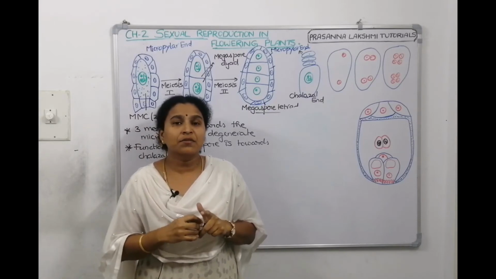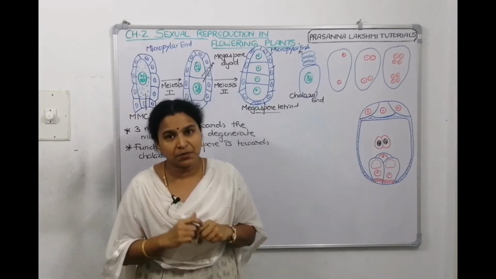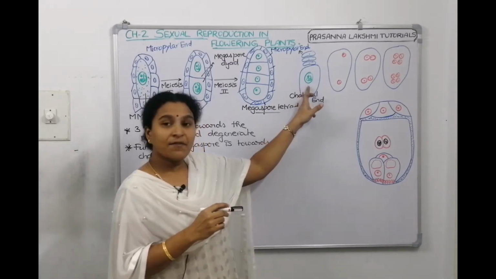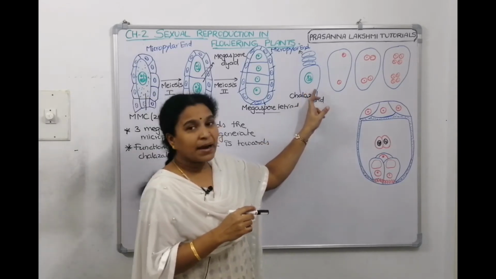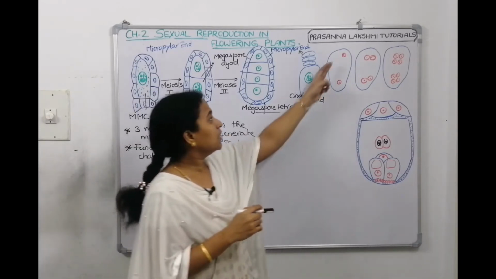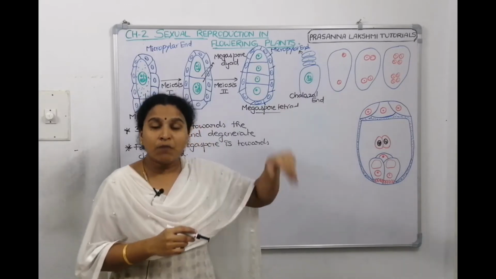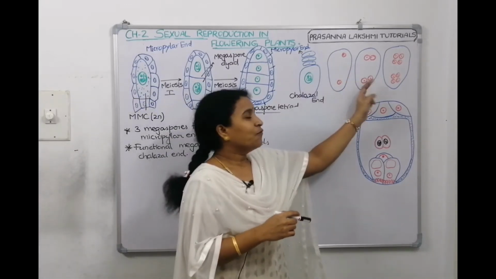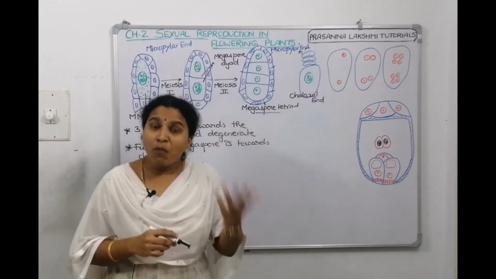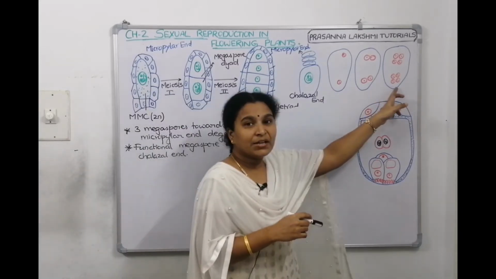What do you mean by nuclear divisions? Nuclear divisions means only the nucleus will divide. Now this cell, which is having one nucleus, has divided and made two nuclei. Has undergone one more division, made 4 nuclei. Has undergone one more division to make 8 nuclei.